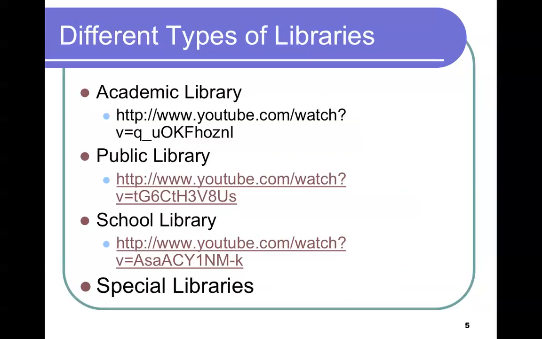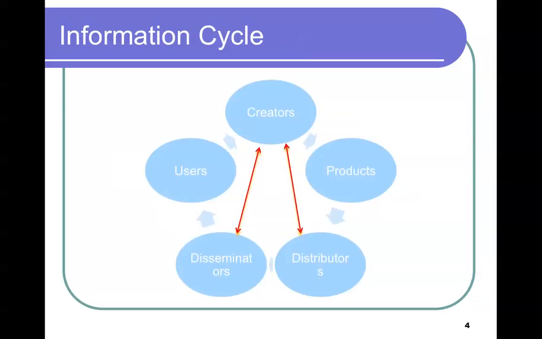In this cycle you can see what you can do as a librarian. You can focus on the product part and the publishing company, or you can be in a bookstore or other distributing industry, or you can be a disseminator, in charge of playing the bridge between patrons and the distributor.